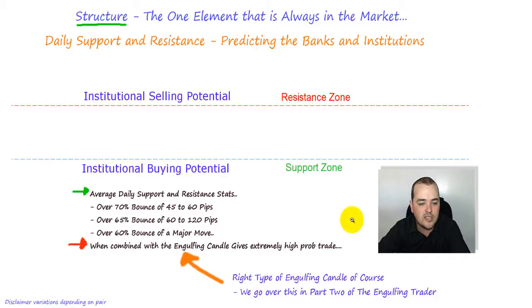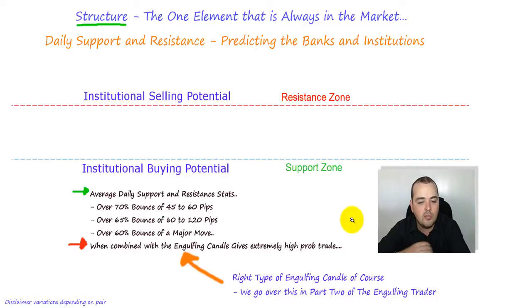And lastly, there's over 60% probability of a bounce of a major move. Now what do I mean by major move? Moving from a support zone or a resistance zone to the next major structure point, like daily support and resistance to the next daily support and resistance. Right? And that's where we make the most amount of profit in the Forex market, when those moves happen.